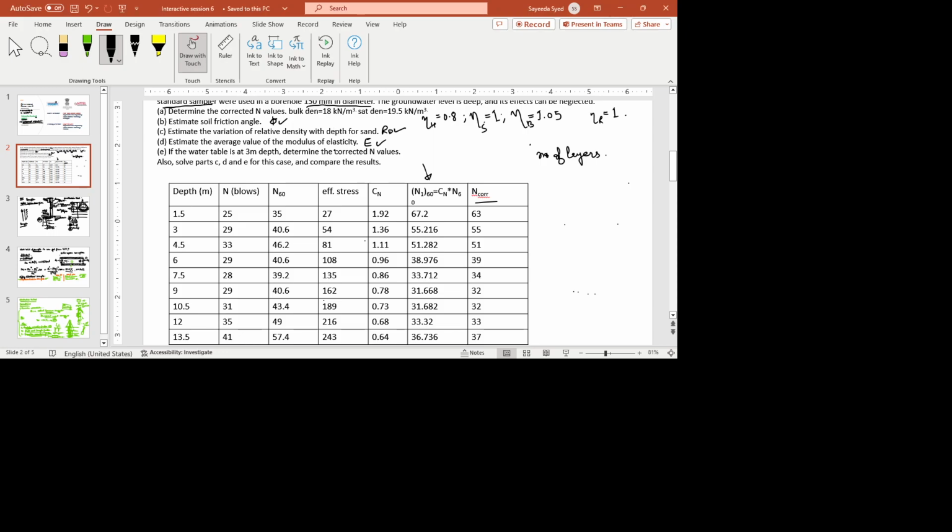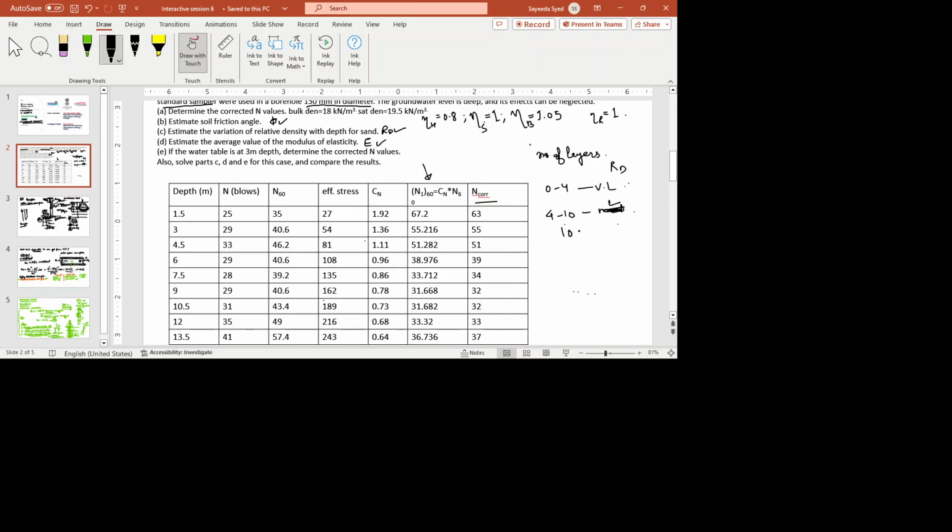If we talk about the relative density values for N corrected from 0 to 4, we will have a very loose sand. From 4 to 10, we will have loose sand.